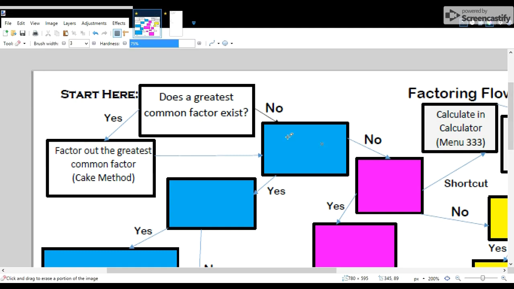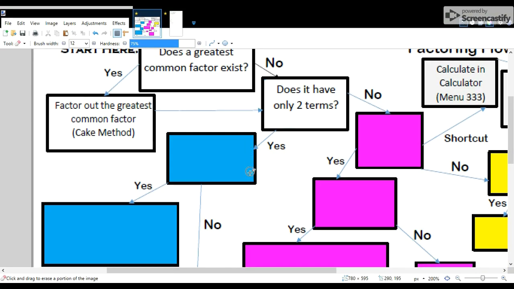Okay, so first of all, when you have a greatest common factor, if it exists, you use the cake method. Well, after that, you're going to ask, does it have only 2 terms? If it's a yes, you'll ask, is it the sum or difference of 2 squares?